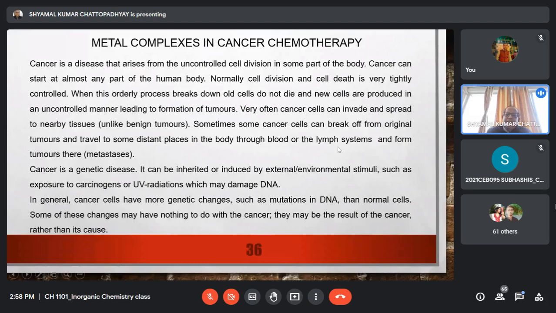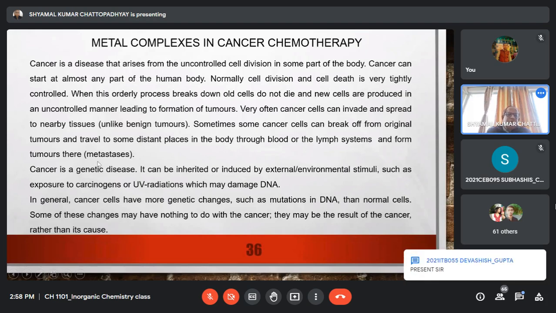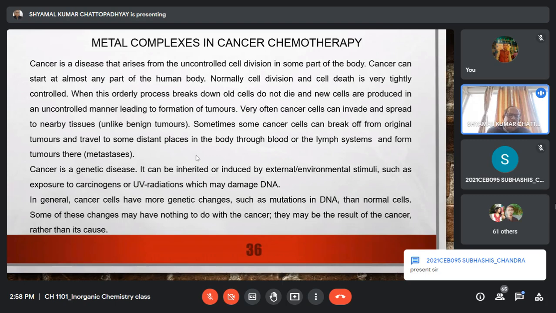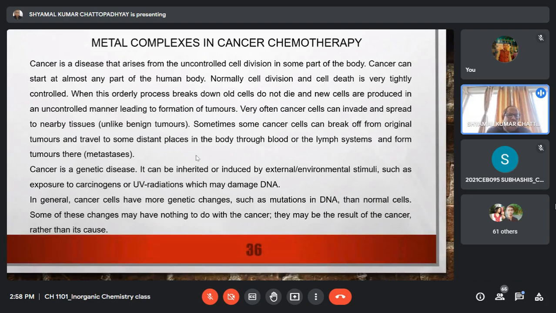Sometimes cancer cells can also break off from the original tumor site and travel to distant places through the blood or lymph system and produce tumors there, which are called metastases. In fact, if you catalog how many patients die due to primary cancer and how many die due to metastasis, very often you will find that more patients die due to metastasis than due to the original primary cancer.